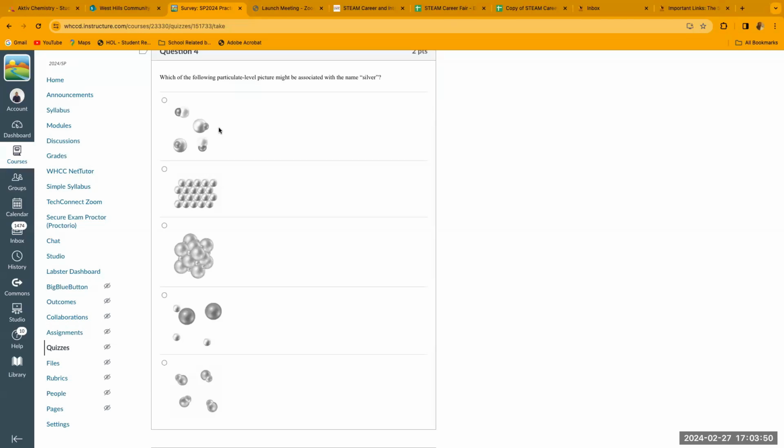Would that be a compound? Would it be a molecule? Now, if you guys are shy and you don't want everybody else to know your answer, you can message me your answer.